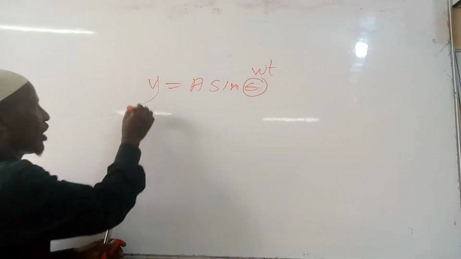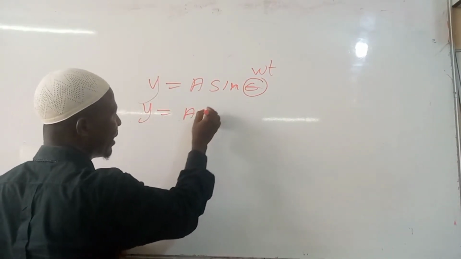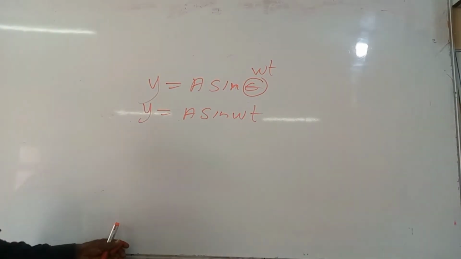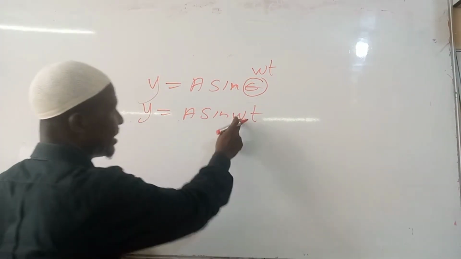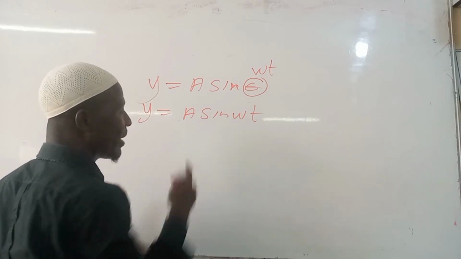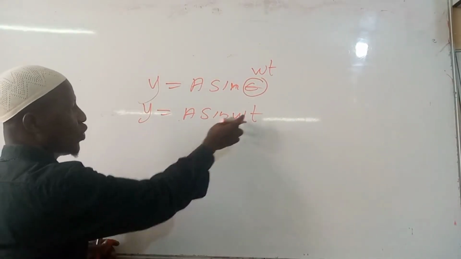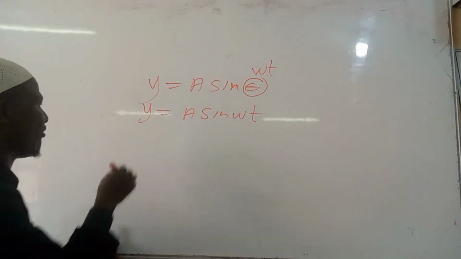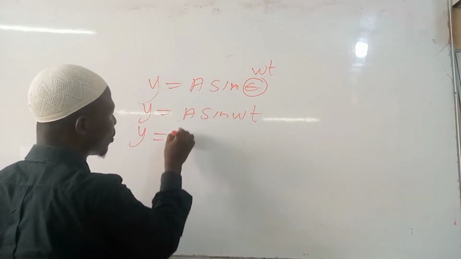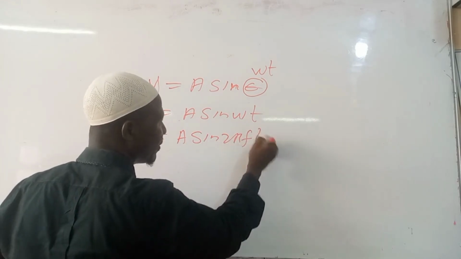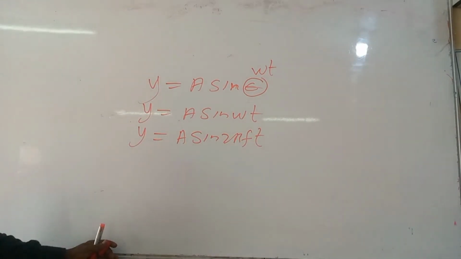So we are going to have y is equal to a sine omega t. Since omega is 2 pi f, we can replace omega with 2 pi f. Therefore, y is equal to a sine 2 pi f t.